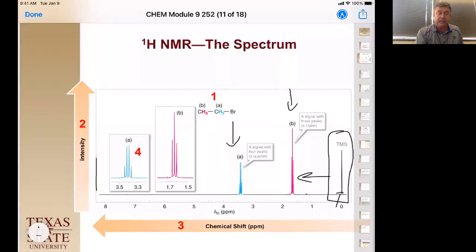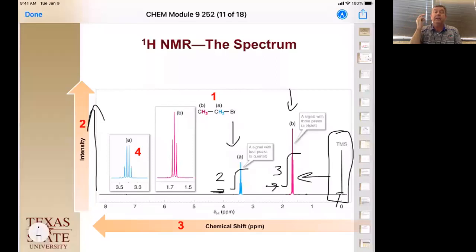Because our peaks can be split, what we actually do is measure the area underneath all of the peaks, and that's called integration. If we compare this integration to that integration, we'll see it's a ratio of 2 to 3. So we'll know we have 2 hydrogens on this peak and 3 hydrogens on that peak. So that's intensity, the integration of the area under all the peaks of that peak type.